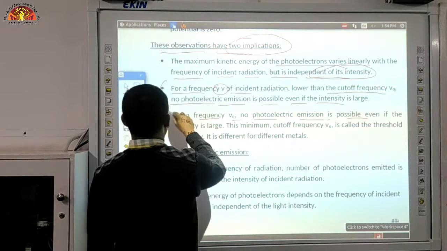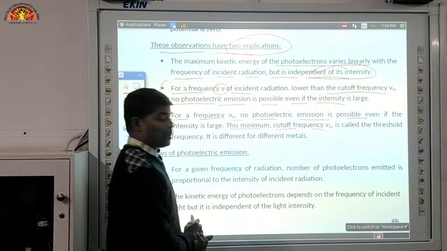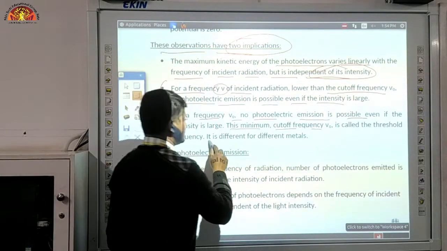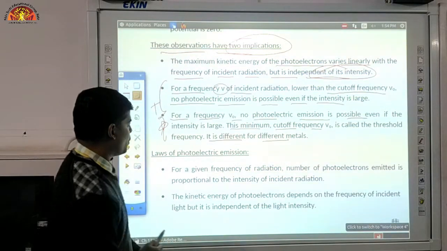You can say this one is a combined one. So this minimum cutoff frequency mu naught is called the threshold frequency and it is different for different materials.